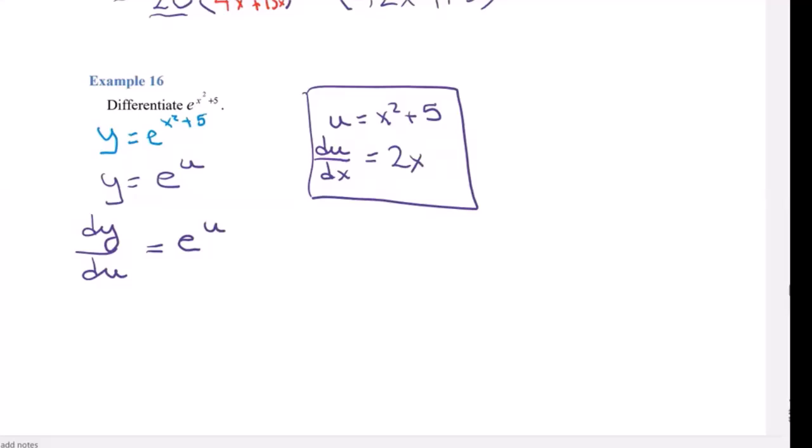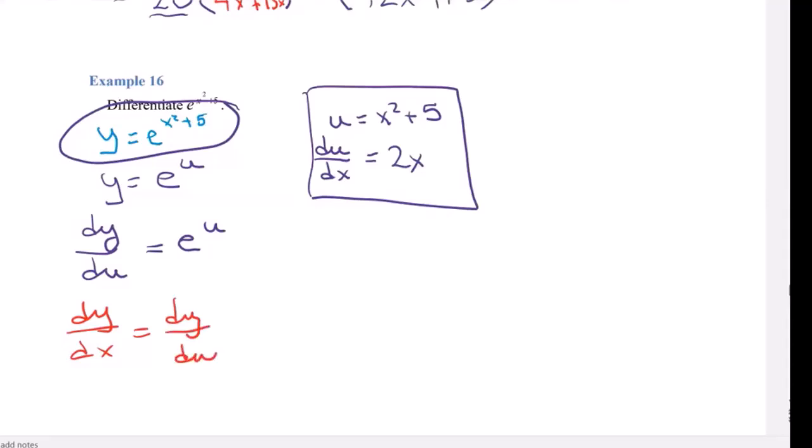E to the variable is e to the variable, right? So if I start with this and I want dy dx, that I can say is equal to dy du, because I have it. And then I need to get rid of that du, so I'm going to multiply by du dx. Oh, I have du dx. Oh, look at that.